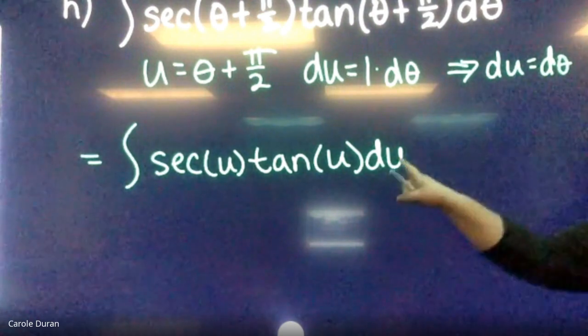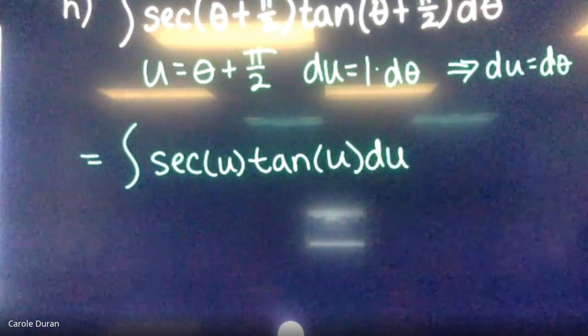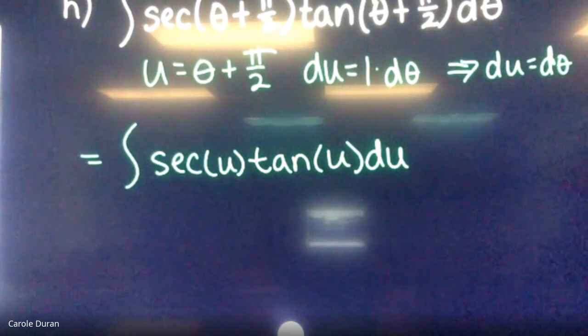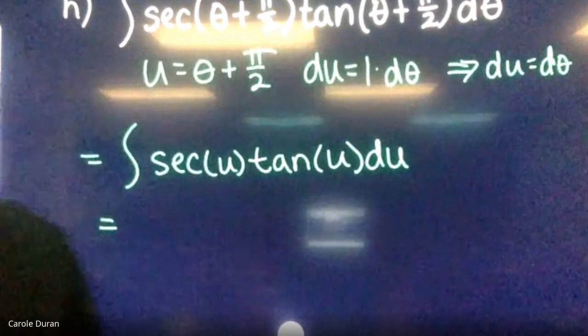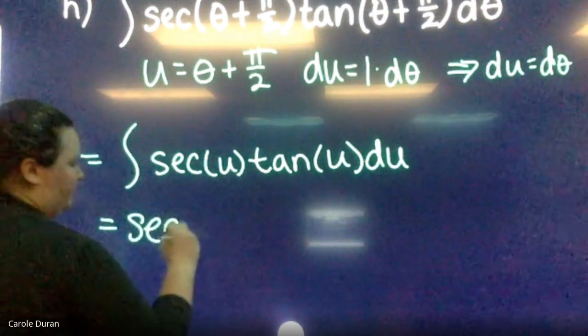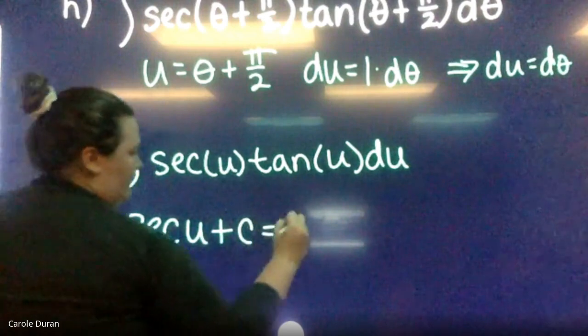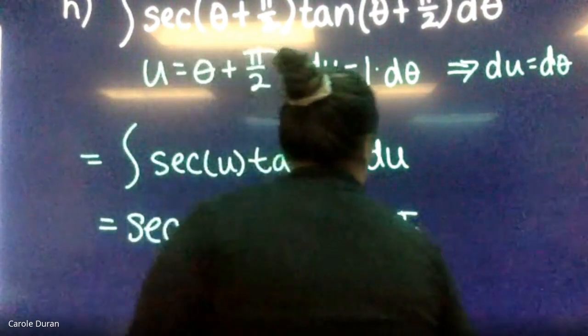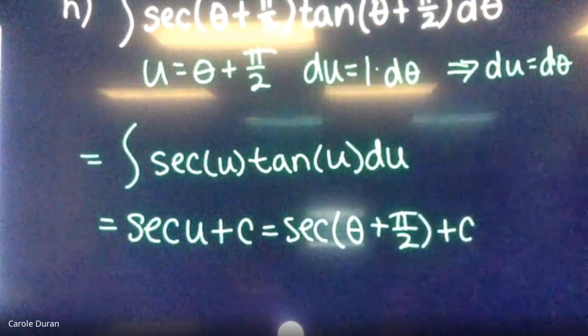Because I have to have the d letter match whatever my variable is. It's secant. It is just secant. So my antiderivative here is what? Secant u plus C. Yep. So secant of theta plus pi over 2 plus C.